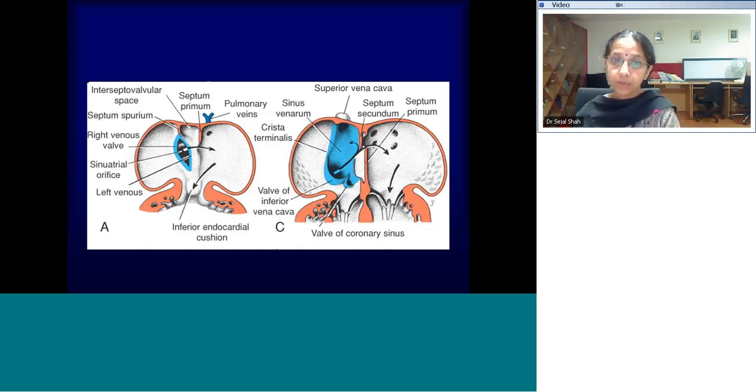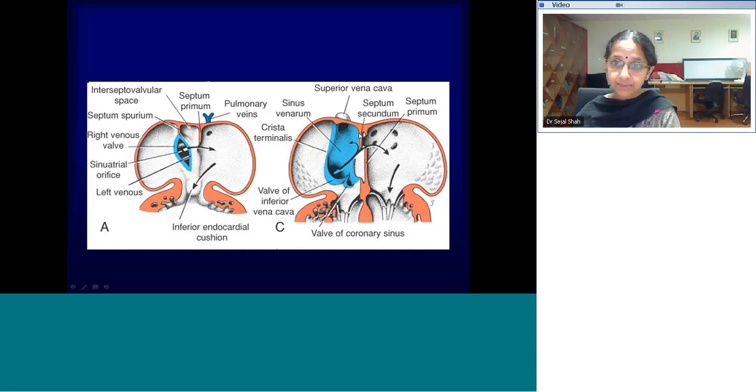Now, once the septum primum fuses with the endocardial cushion, an opening is created on the superior aspect there, and this is called the foramen secundum. As soon as you have the foramen secundum, you simultaneously have development of an additional septum between the original septum primum and the septum spurium, which is called the septum secundum.